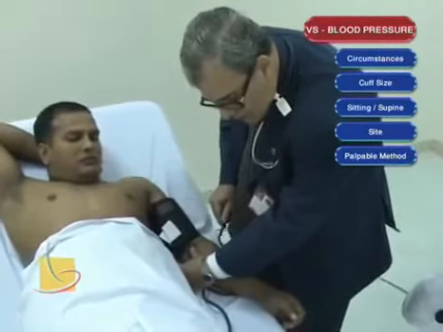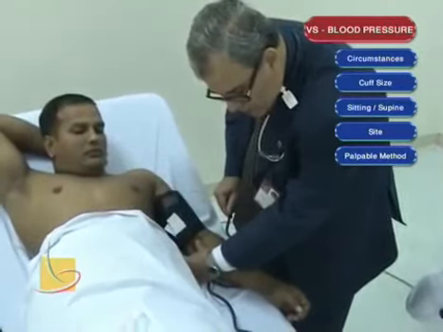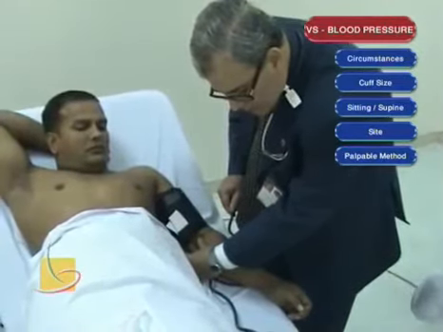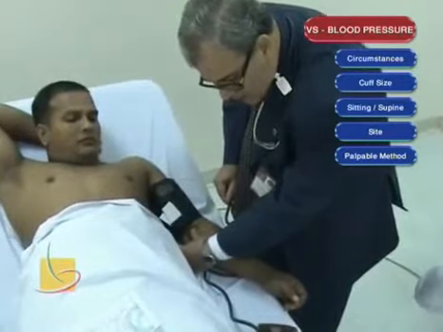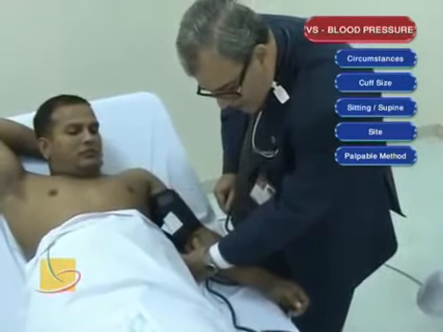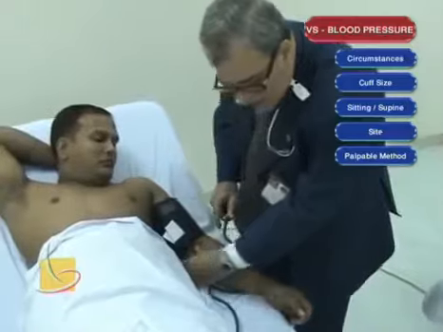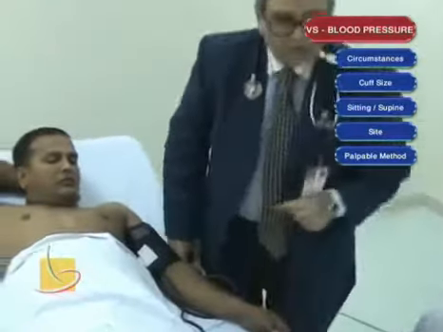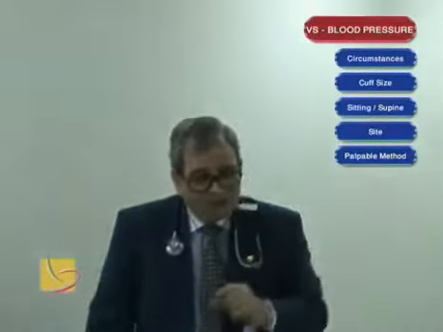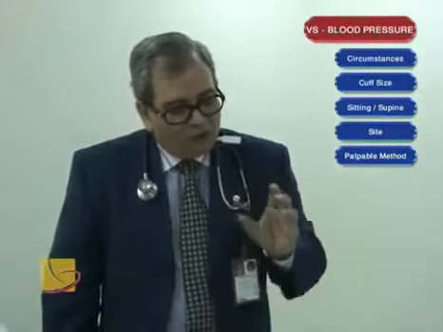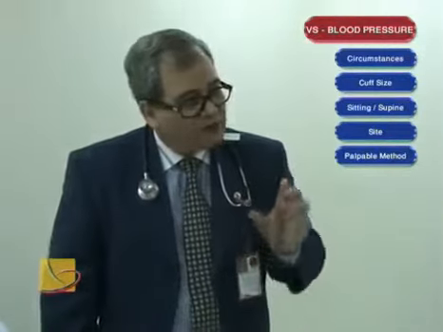Then I deflate slowly, at a reasonable speed, not very slow, until I feel the brachial artery pulsation again. I felt it at 100. 100 means, roughly speaking, this patient has a systolic blood pressure of 100 millimeters of mercury. And this will be very close to the figure which I am going to get by stethoscope.